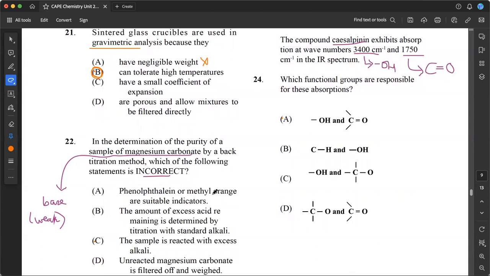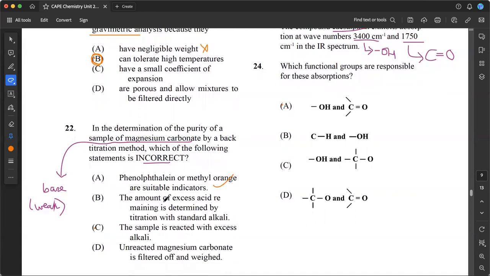So phenolphthalein or methyl orange are suitable indicators. That could be true, depending on the base or the acid that we're using. The amount of excess acid remaining is determined by titration with a standard alkali. That would be the case, right? We would be using a standard alkali to figure out how much was in excess, or how much was unreacted.